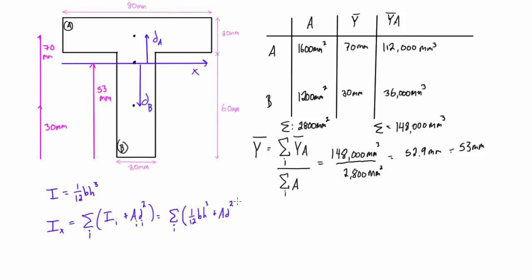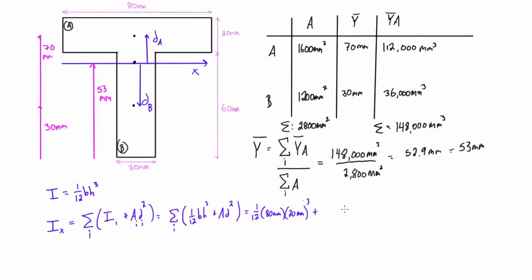We can write this out for section A first. All we have is one-twelfth times the base times the height, so times 80 millimeters times 20 millimeters cubed, and then we have 80 times 20, so plus 80 millimeters times 20 times d squared.